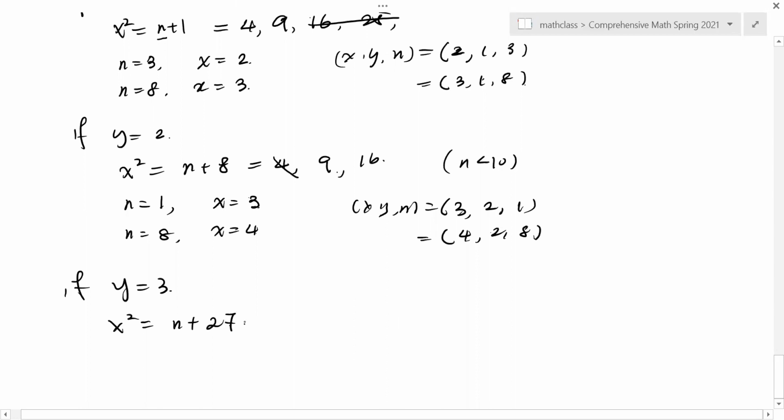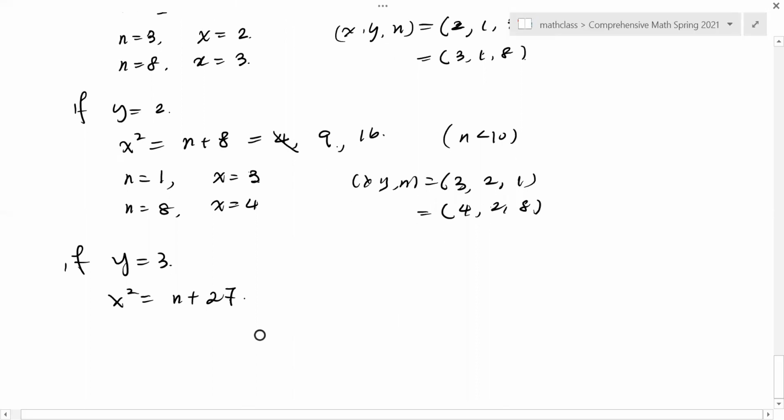Now, if it's 27, can we have a solution? Because n is between 1 and 9.